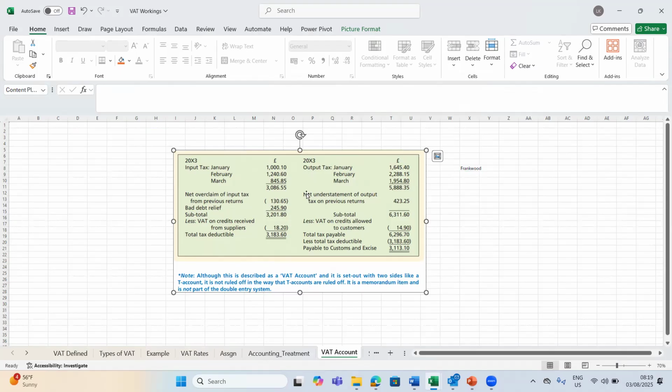Then here they are saying net understatement of output tax on previous returns. That's also another adjustment, and then there is bad debt relief. Okay, so you may get a relief if you paid VAT on your bad debts. So you make a sale on credit, and those customers default.